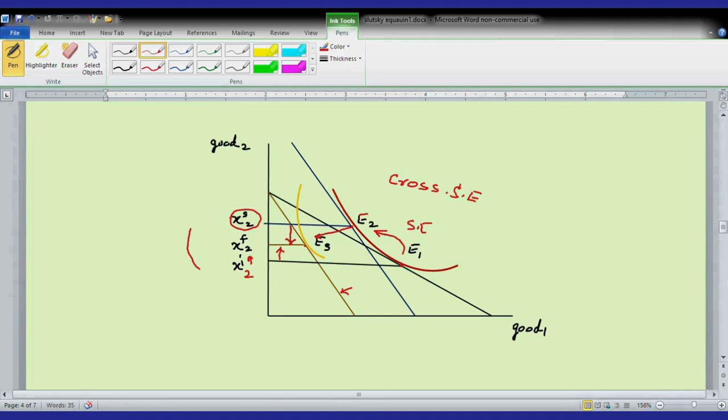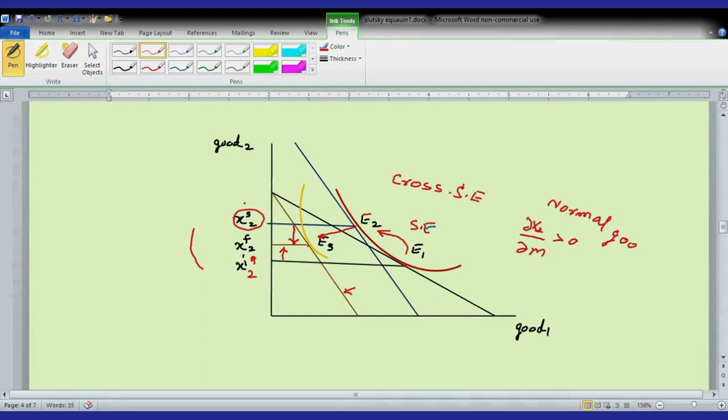So this means that ∂X2/∂M is greater than 0. That is, when income decreases, consumption of good 2 decreases as well. So good 2 is a normal good in this particular case. This is the story of decomposing the price effect into income and substitution effect.